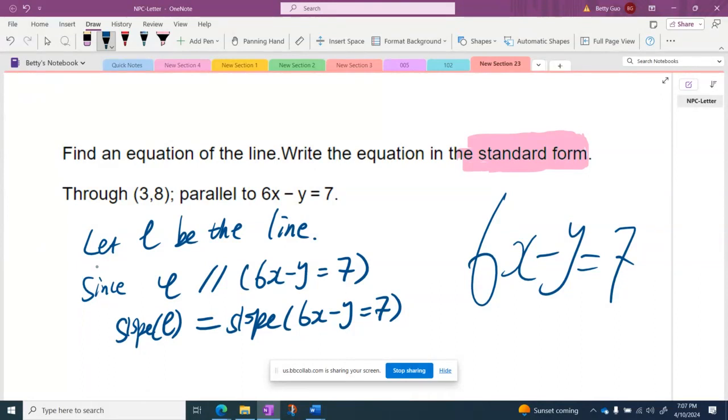Since the line is parallel to the given straight line, 6x minus y equals 7, they have the same slopes. Please help me to find the slope for 6x minus y equals 7.